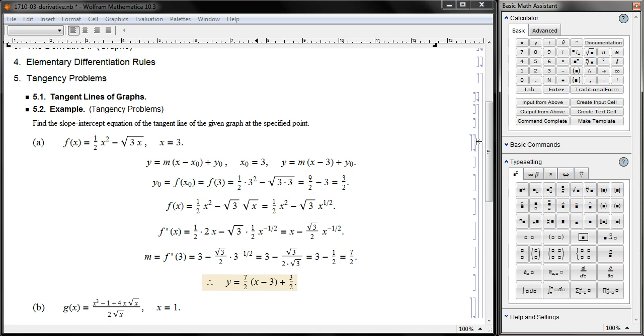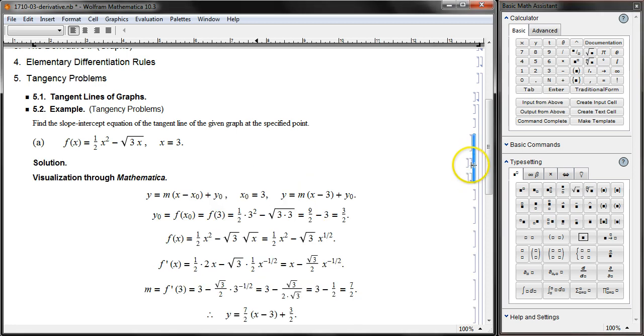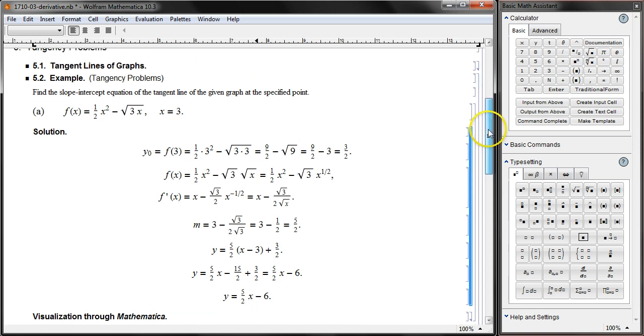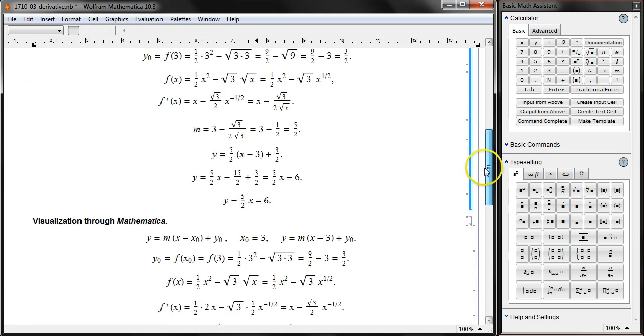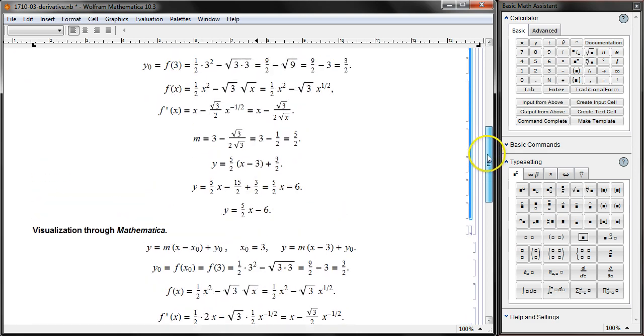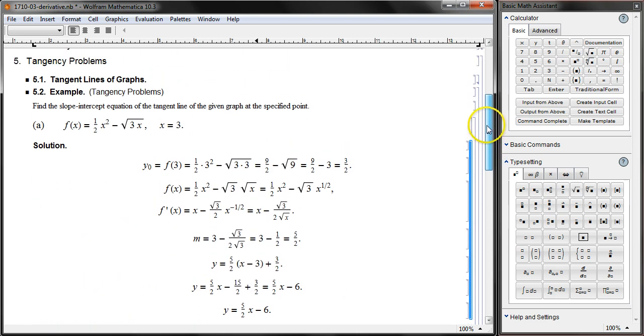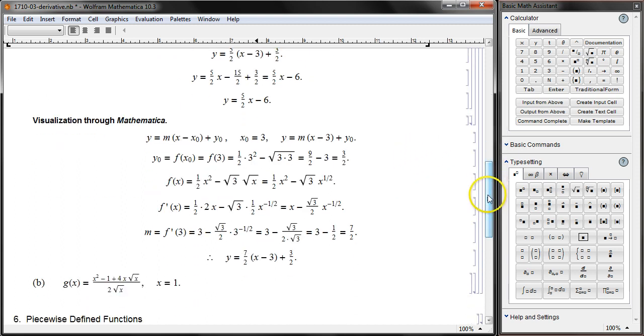Let's see if I did everything right by opening up this answer key. And if everything is right, oh my, there's something wrong. Oh yeah, here 3 minus 1/2 is 5/2, not 7/2.